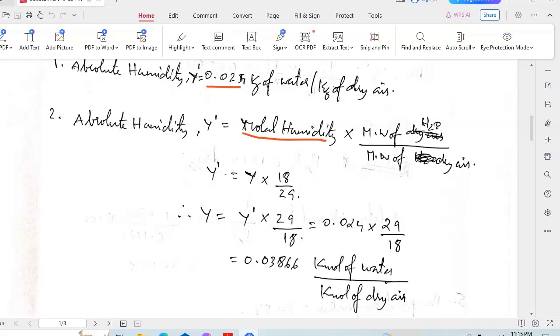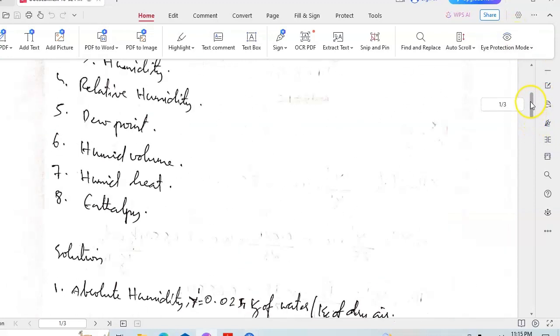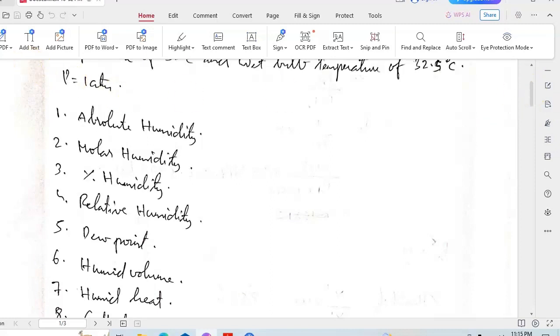By rearranging, we get Y equal to 0.0366 kilomole of water per kilomole of dry air. So the first two questions are answered: absolute humidity and molar humidity.